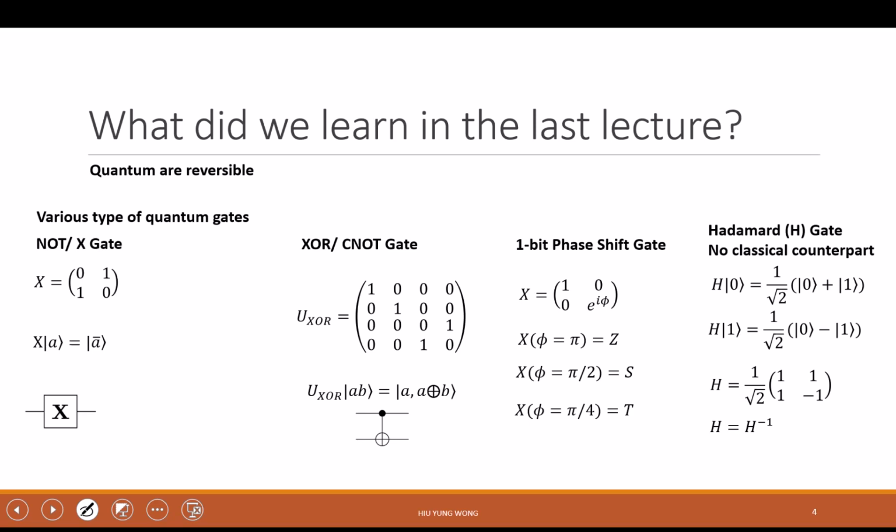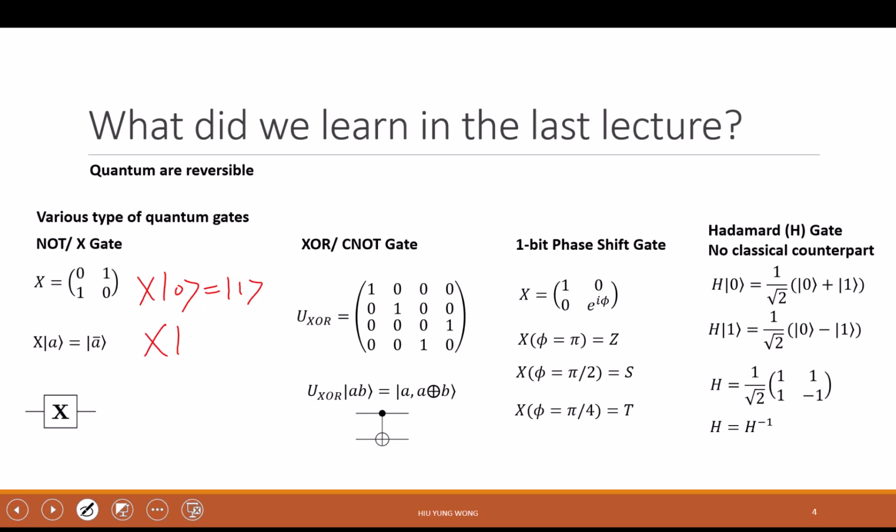The NOT gate. The thing I want you to memorize, really memorize, is that a quantum gate is defined by how it rotates the basis or changes the basis state. So for a NOT gate, the definition is: if I apply the NOT gate to the 0 state, it will bring me to the 1 state.